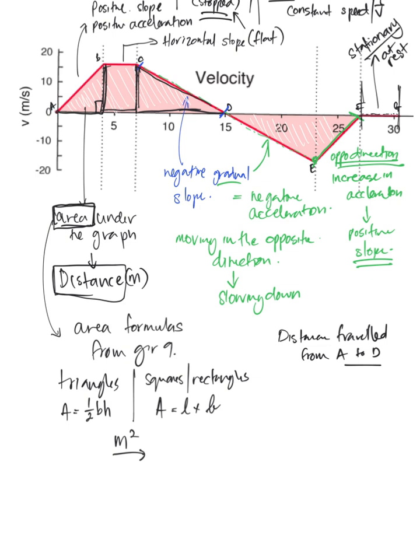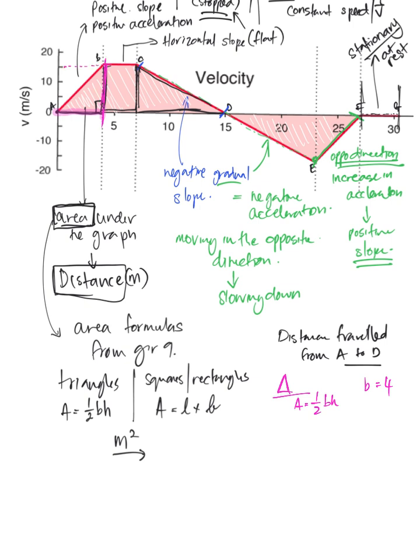My base is from 0 here to that point over there. Now that point's just before 5. So for my first triangle, area is equal to half base times height. My base there is over here, and we can assume, let's say, that's 4 units. And my height is up here.